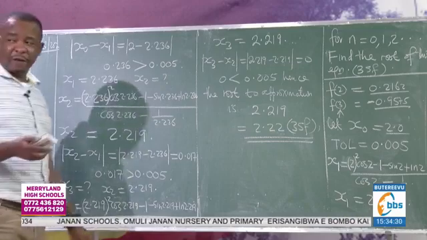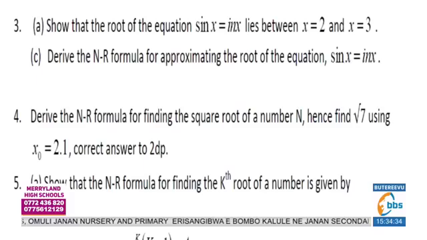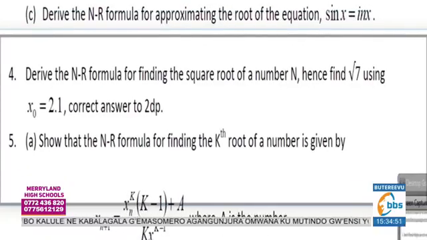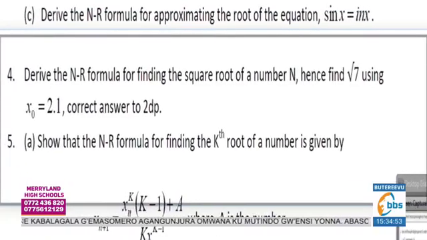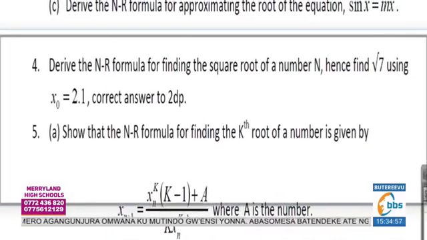Number 4 is right over there for you to see. I will request the producer to make sure that you are now able to see number 4 and 5. Number 3 is fully done, so that we work through number 4 and you can try out number 5 in case we are not able to go through it.